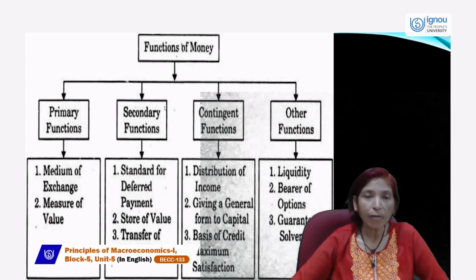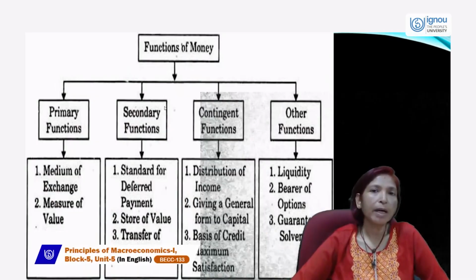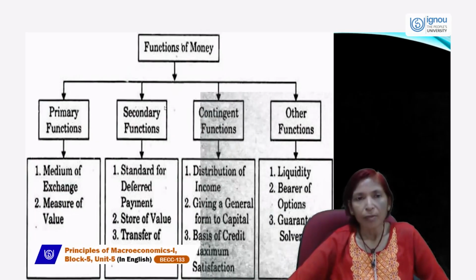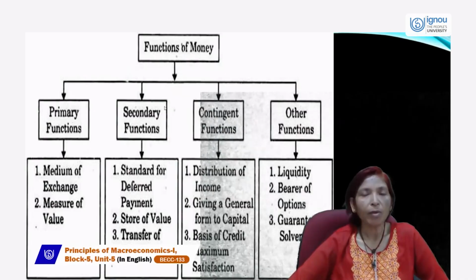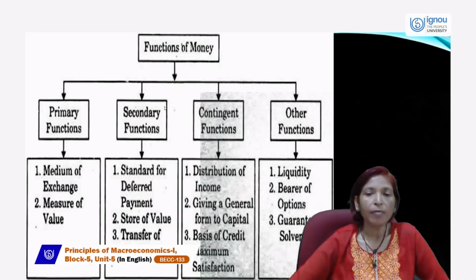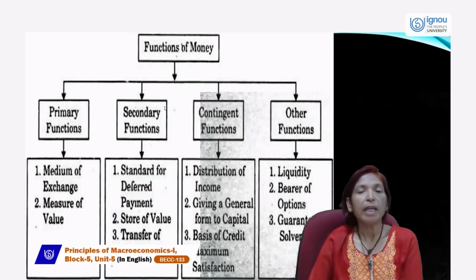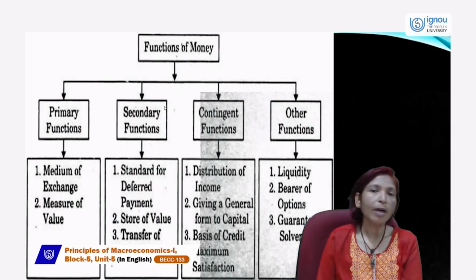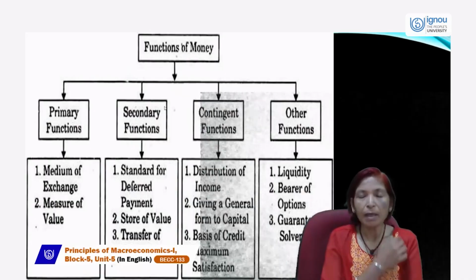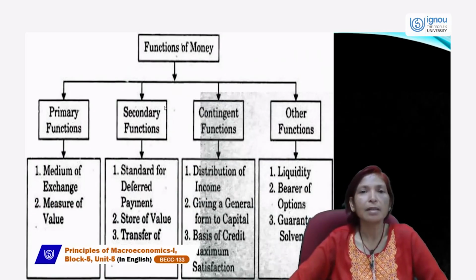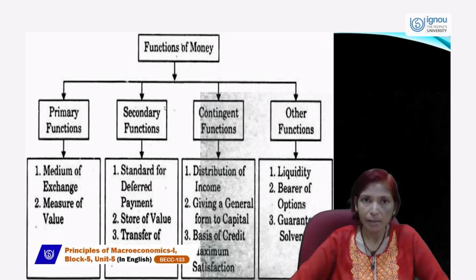Because if you have money, you can easily buy everything that is available in our country. So money is a very liquid form of asset. For this function, money is used for mainly three purposes: transaction, precautionary, and speculative.